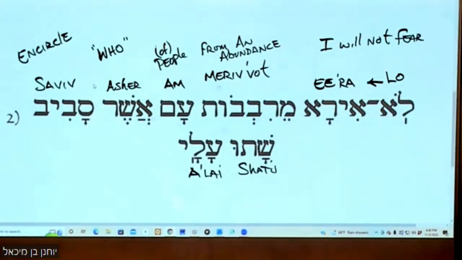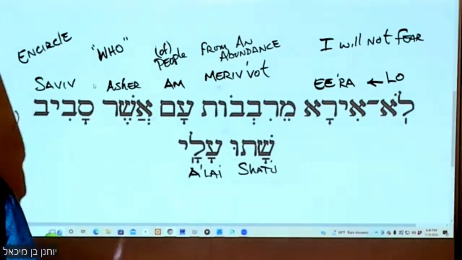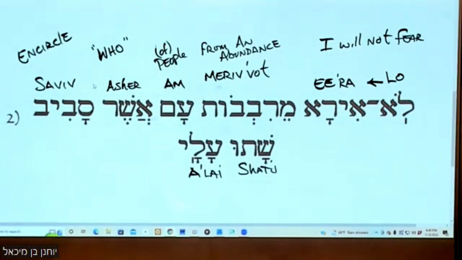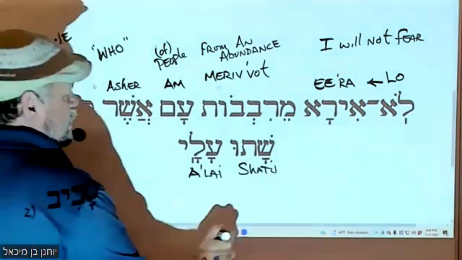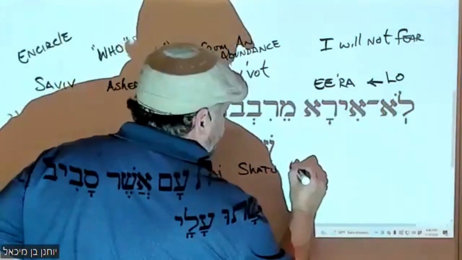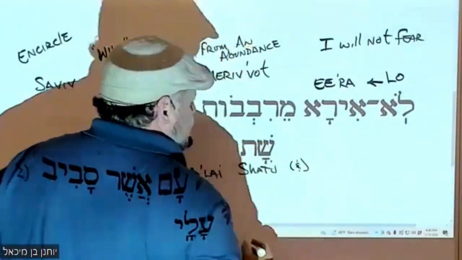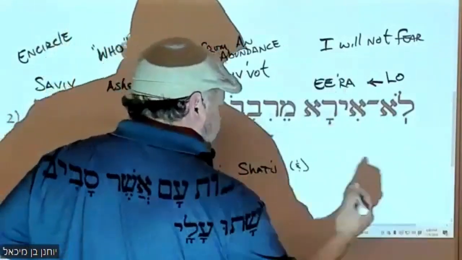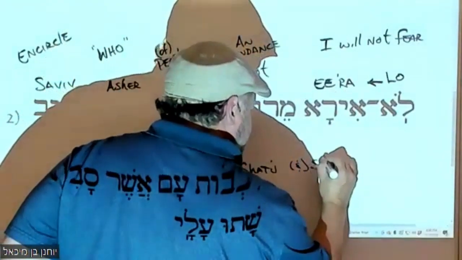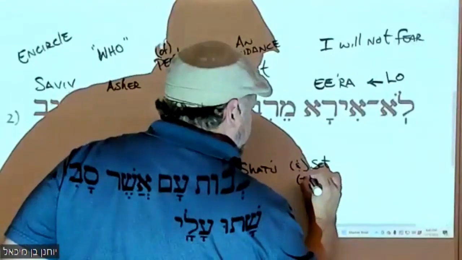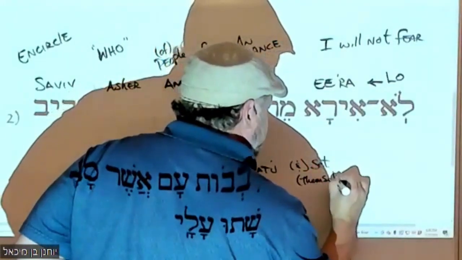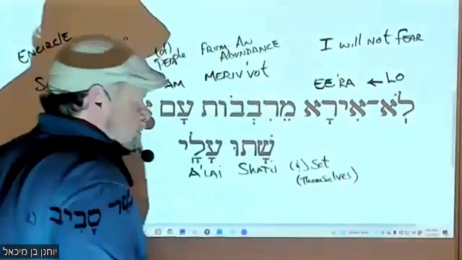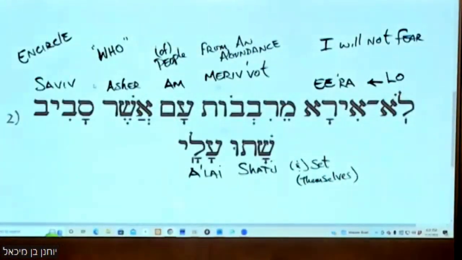So, what we could say here is who encircle, we're going to put a parenthetical, and we know it means to set up, to array, right? To appoint. And set, then in parentheses again, we're going to write themselves because it's the people who are doing it. Does that make sense?